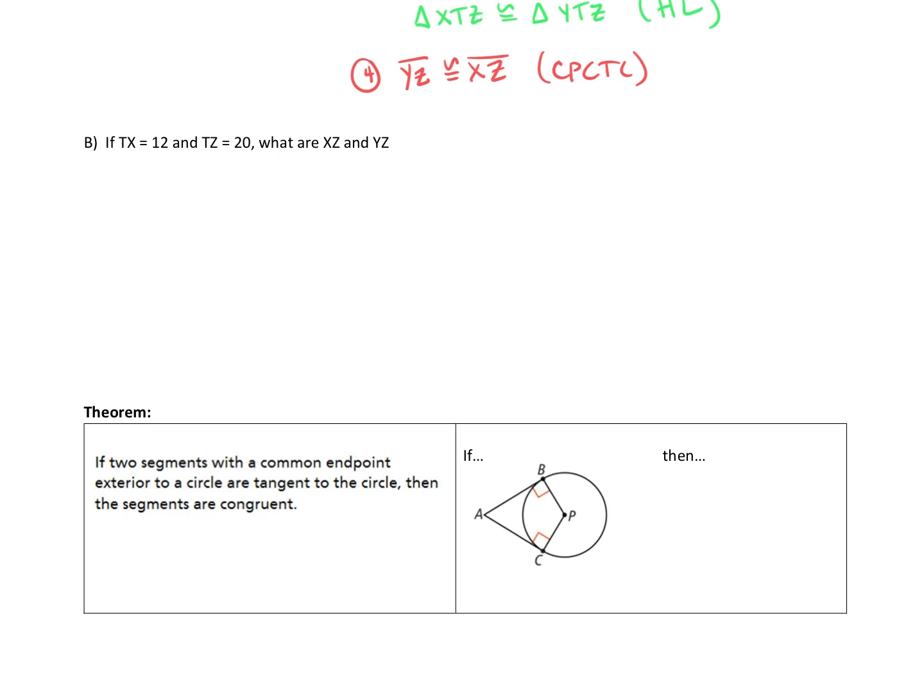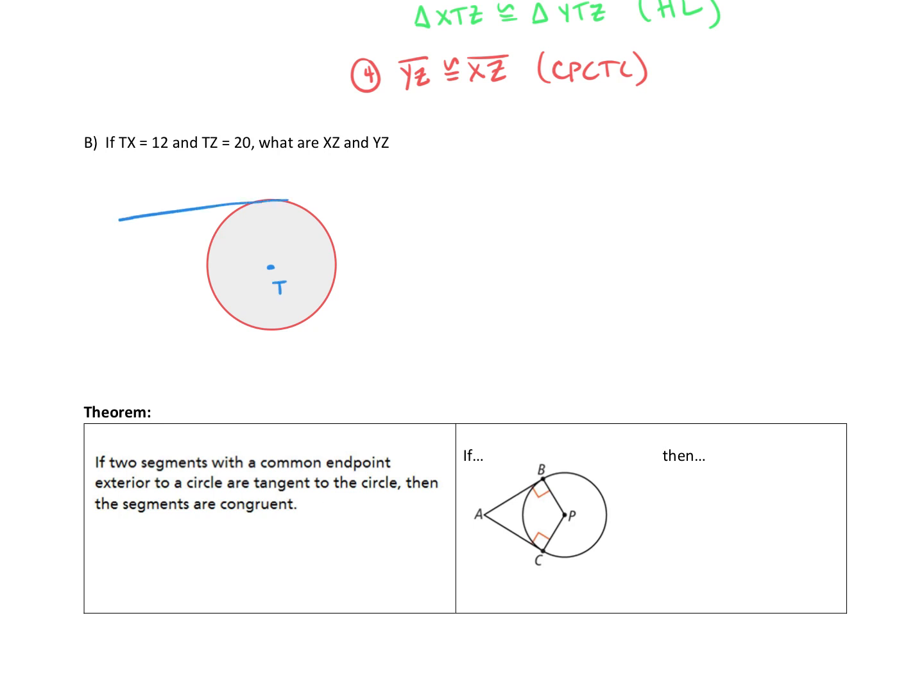So part B, I'm going to just redraw this so that it's a little bit easier to label, because we just labeled that picture a bunch up there. So here's my circle T. Why don't you guys redraw this with me?